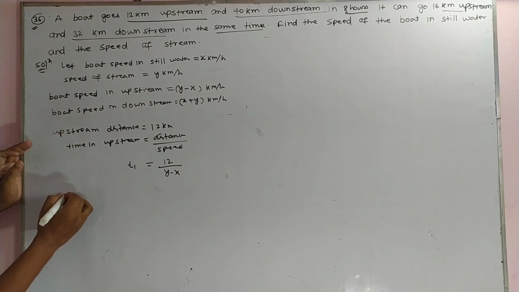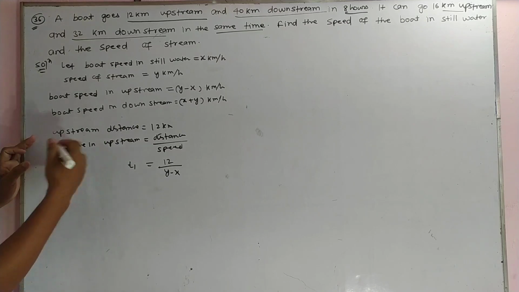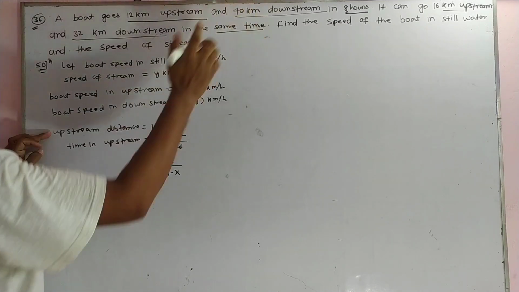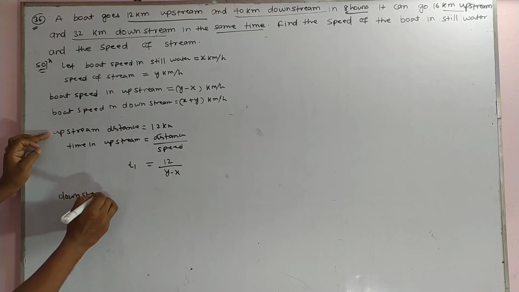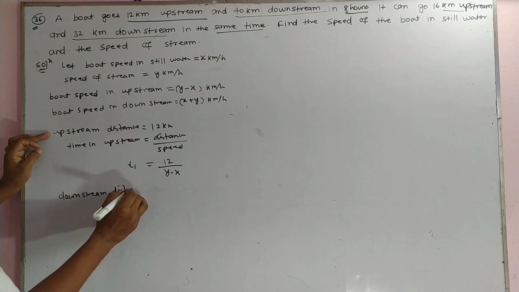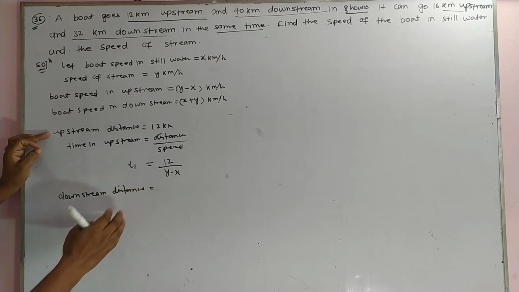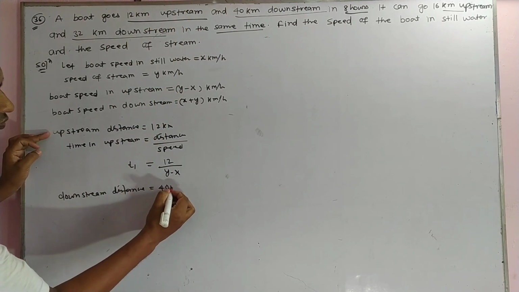And again for downstream, the downstream distance is equal to 40 km.